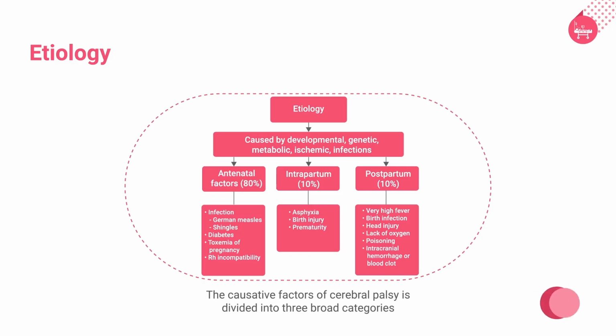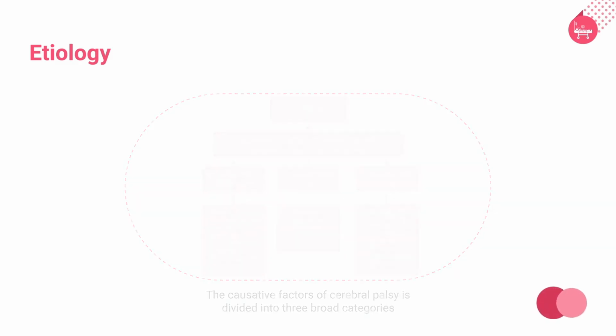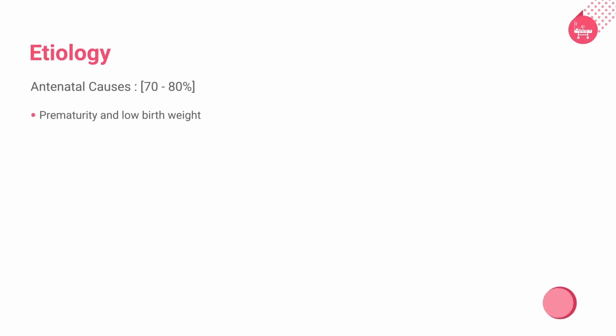Perinatal causes, which account for 10% and occur as a result of asphyxia, birth injuries, and prematurity. 3. Postnatal causes, which account for 10% of all cases of cerebral palsy and are associated with high-grade fever, head injuries, ischemia, and so on.